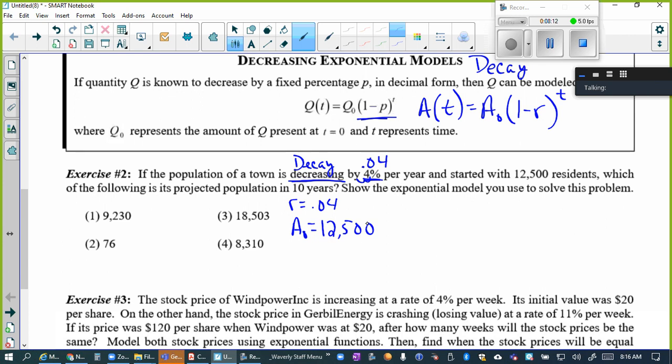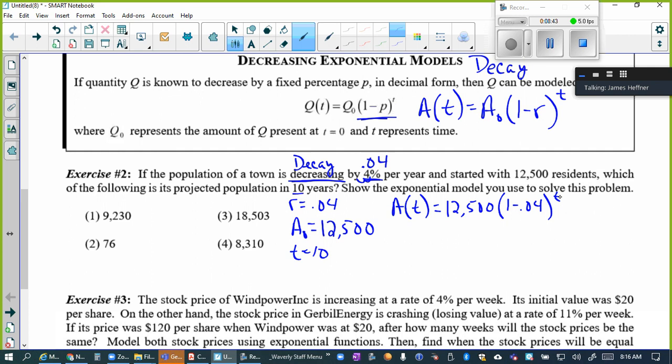Okay? And we need to write an exponential decay model and figure out how many people are in this town in 10 years. So t equals 10, right? So what's our model? A of t would be our initial amount times 1 minus 0.04 to the t, right?